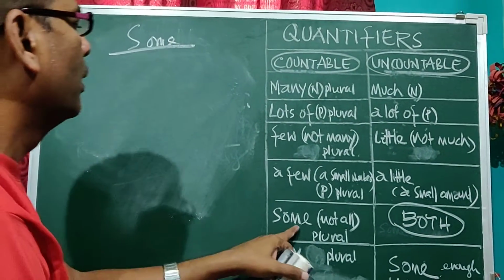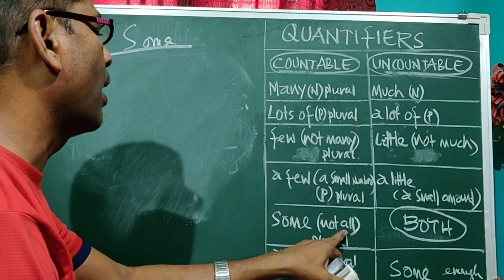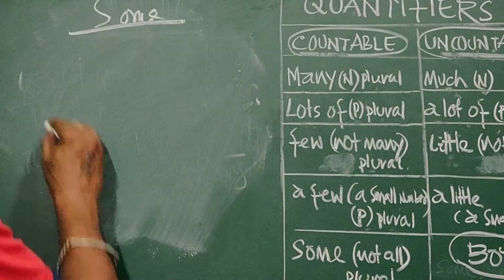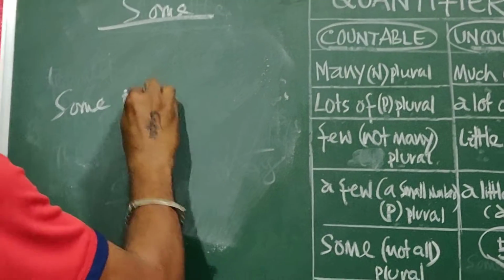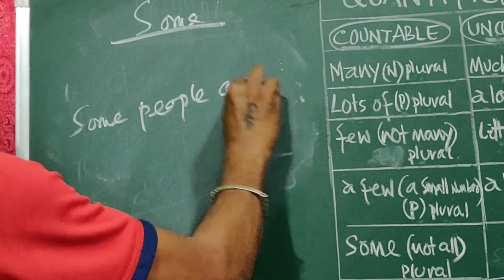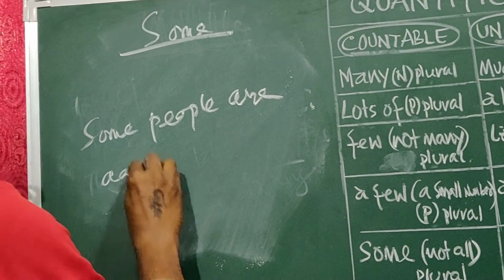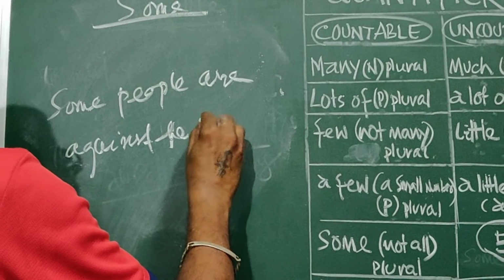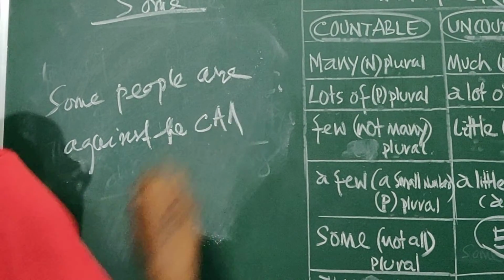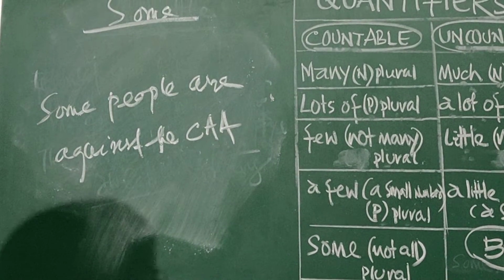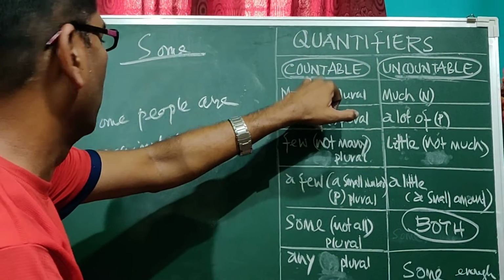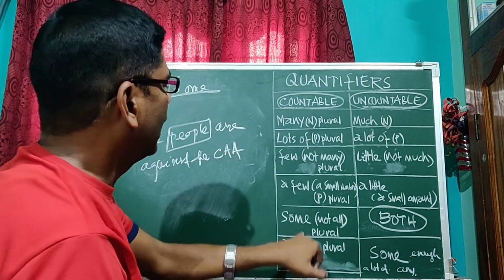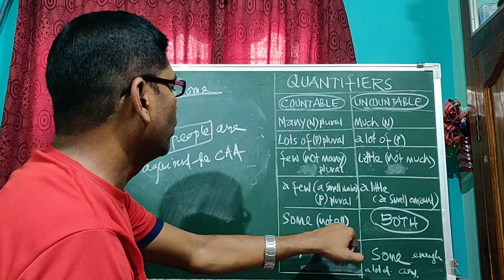Some. Some means not all. It can be used for countable plural. For example, some people are against the CAA. People is a countable word, and some means not all.